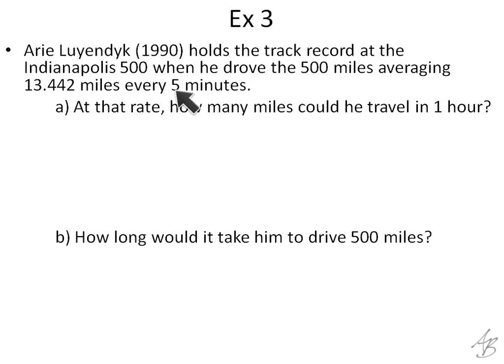It took him 5 minutes to drive 13.442 miles. That's really fast, by the way. We'll figure out exactly how fast in a second, but he can drive 13.442 miles every 5 minutes. We want to know, for the first part, how many miles can he travel in 1 hour?